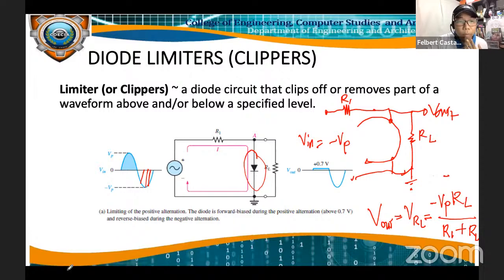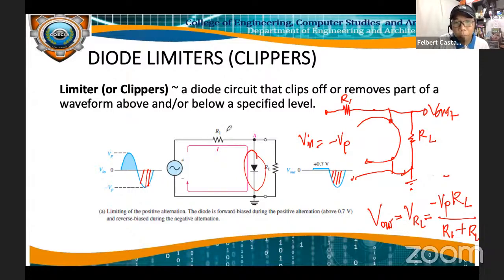Okay? So kaya ang nakita nyo dito, yung output, wait lang. Output natin is this one. Negative, during the negative half cycle. So para mas makita nyo, di ba, bakit ito yung level? Bakit parang similar to negative VP?